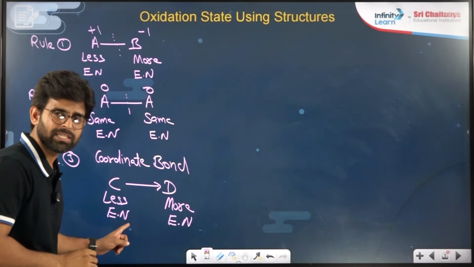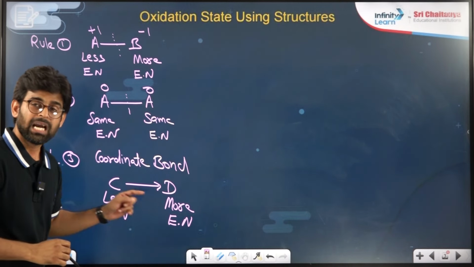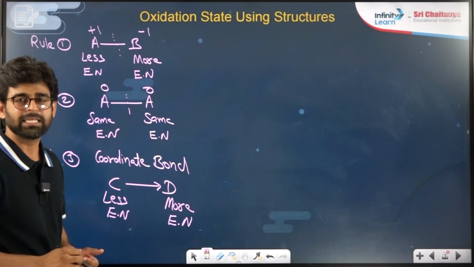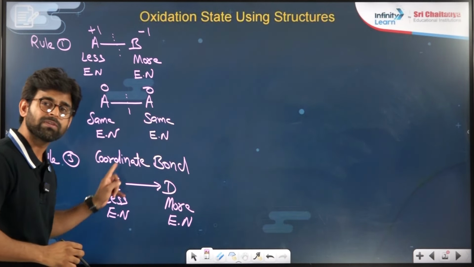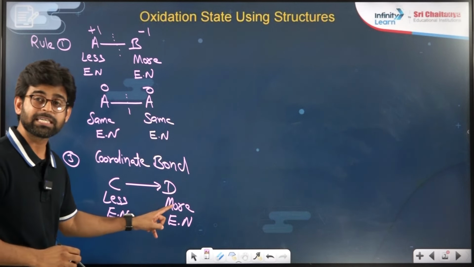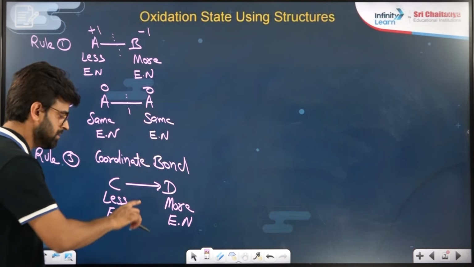C, the less electronegative atom, is using its 2 electrons to make a bond with D. As both electrons are given by C, C is making the coordinate bond, giving both of its electrons, and D is just making the bond, not giving any electron, right?